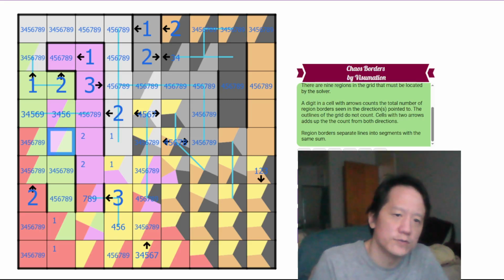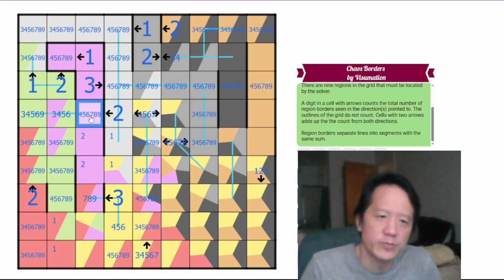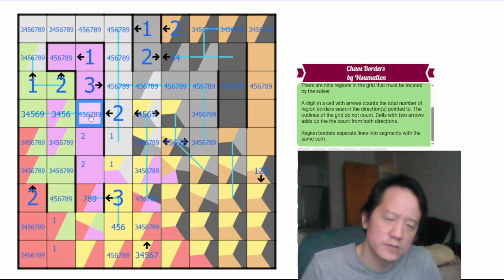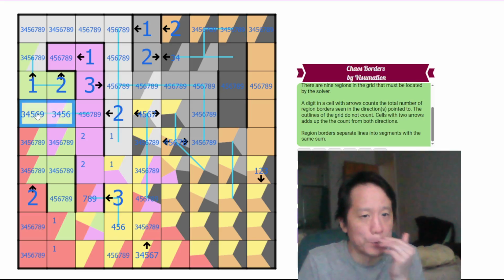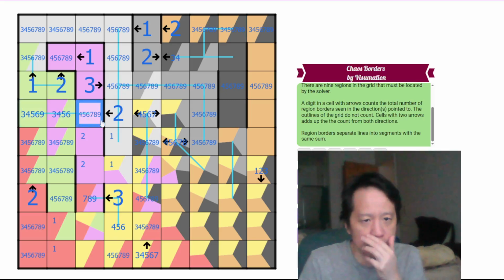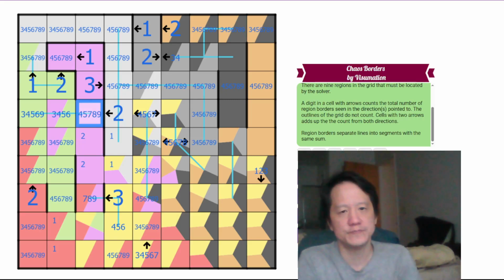This is also 3 through 9. This can never be 6. If this were 6, it would have to add up with a pink, and a pink would be 4 at least. So that would be 10. Or it would have to be the sum of the two greens, which is not possible. So this cannot be 6 here. That doesn't really tell us much.